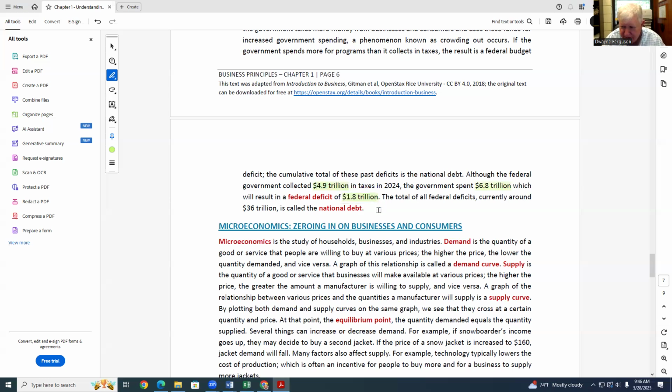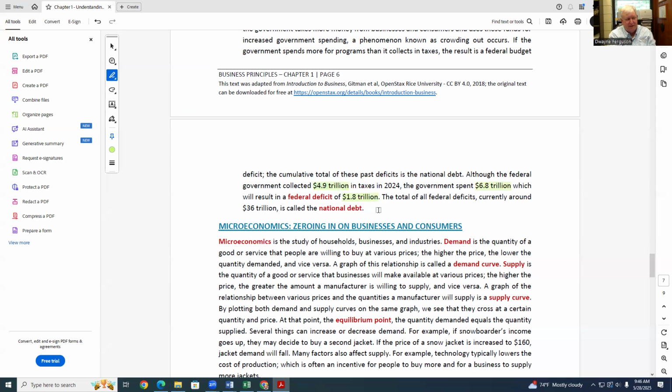And how does a government pay for all that stuff? Well, they issue T-bills, treasury bills, bonds where people can invest and they will spend $100 on a bond, whatever it is, $100,000 on bonds, and the government takes and uses that money and pays you interest on the bond.